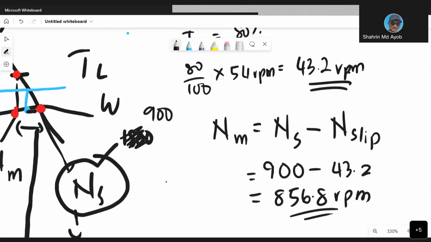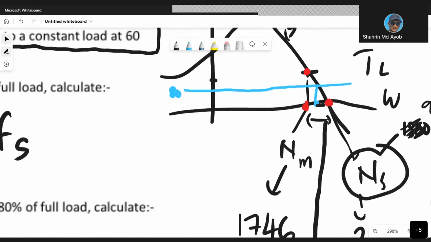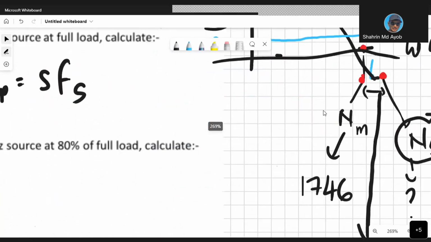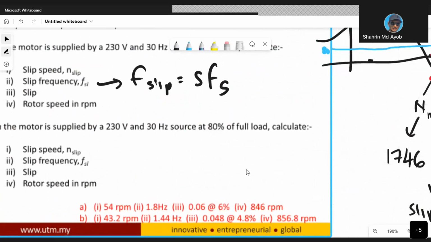Apa lagi soalan dia? Oh, slip frekuensi. Slip frekuensi you dapat daripada slip. Sorry.